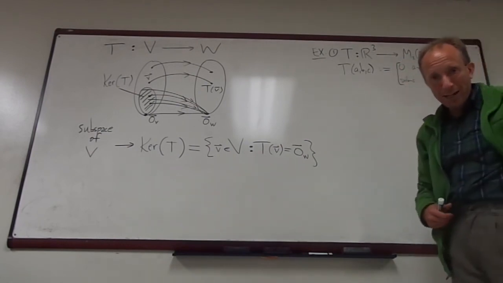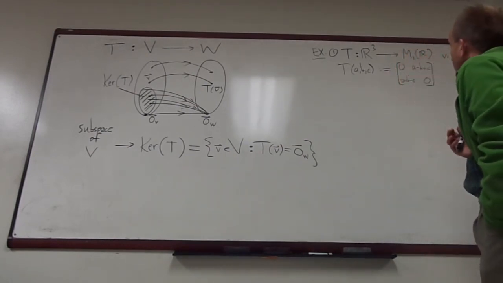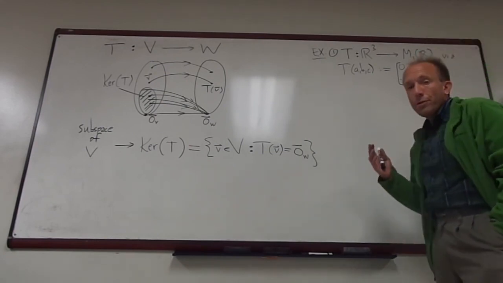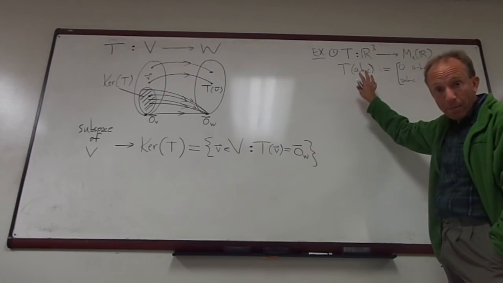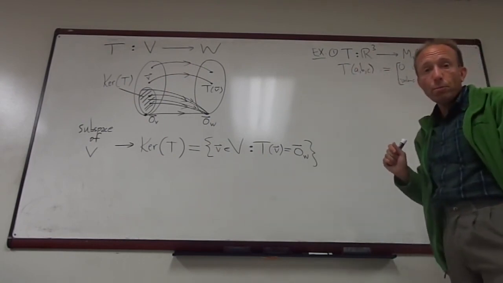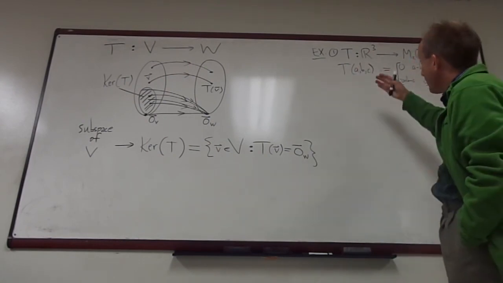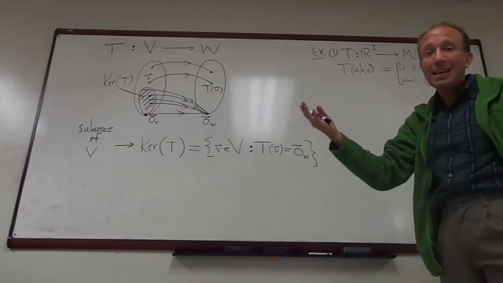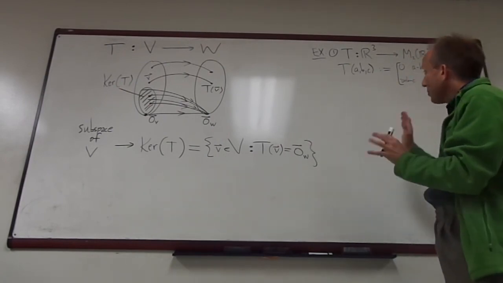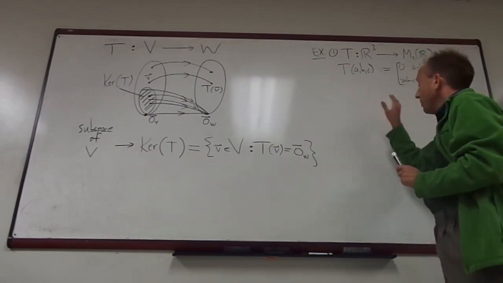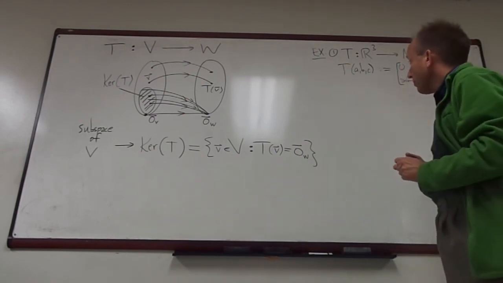Okay? So I input a 3-tuple in my vector space V, and I output these 2 by 2 matrices right here. First of all, I'm going to have you take my word for it for now that this really is linear. It would be worth practicing to check that it does indeed respect addition and scalar multiplication. I'm not going to do that, just to keep this little video relatively short.